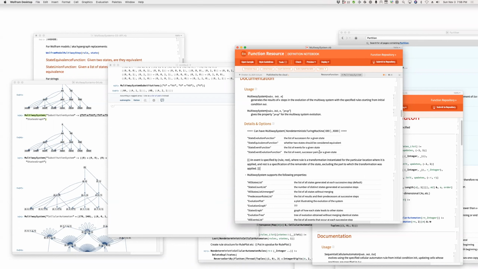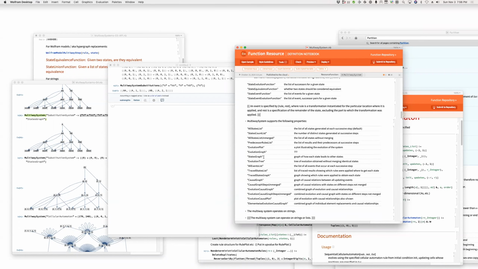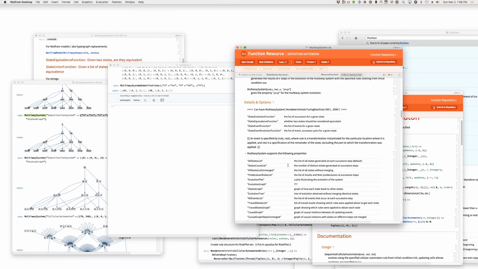Okay, so we might want a property here. Oh yeah, the list of all events that occur at each successive step. So that's exactly what we're looking for here. Right? Right.